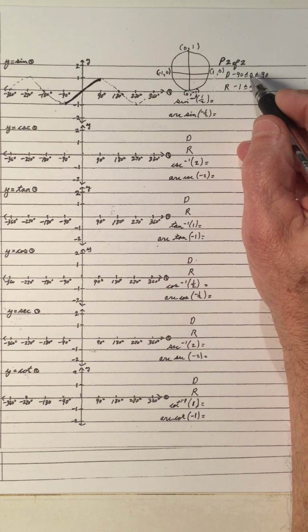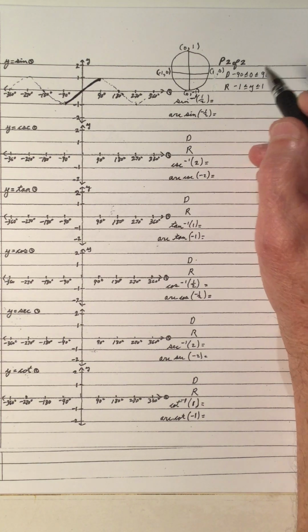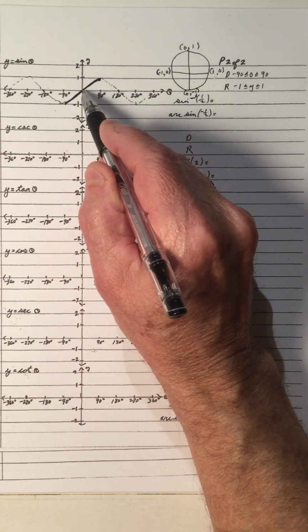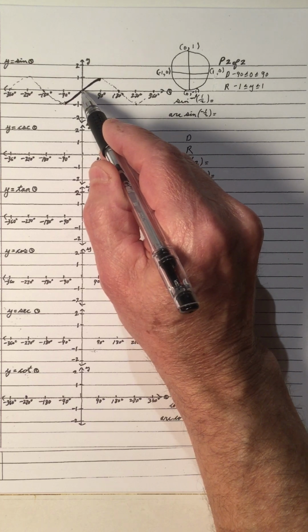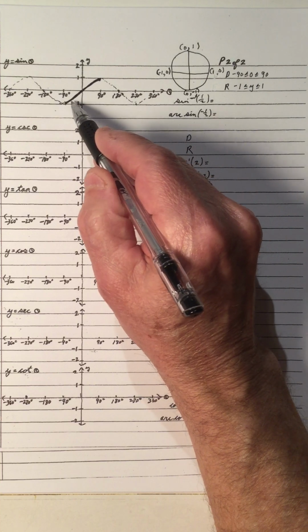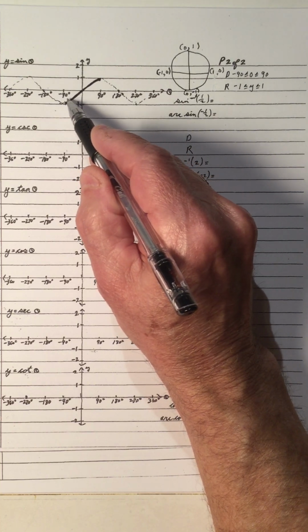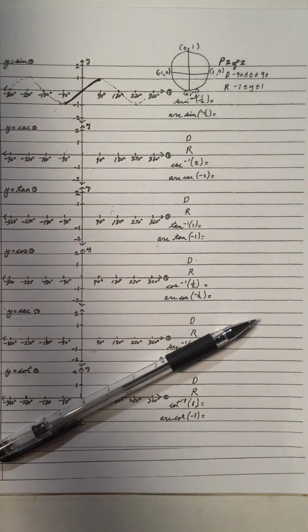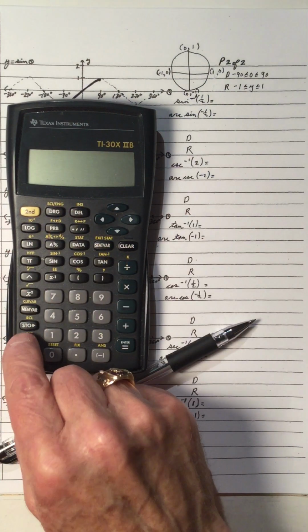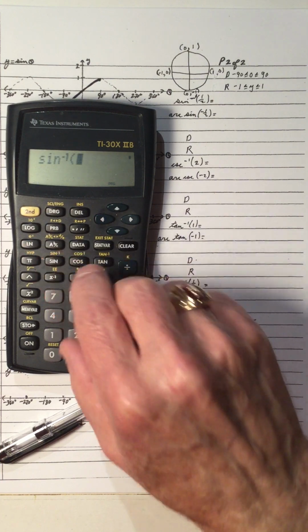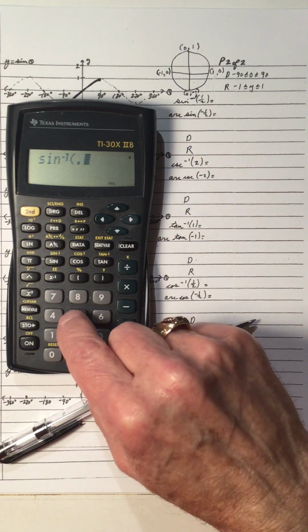And in relation to the restriction, notice that if I take values between 0 and 1, I'll get an angle between 0 and 90. If I take a value between 0 and negative 1, I'll get an angle between 0 and negative 90. So let's look at the inverse of sine. Let's go inverse sine of a half, which is 0.5.